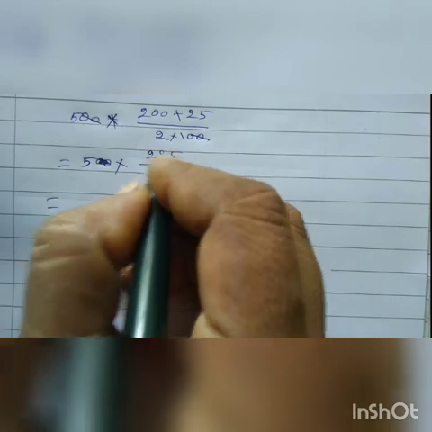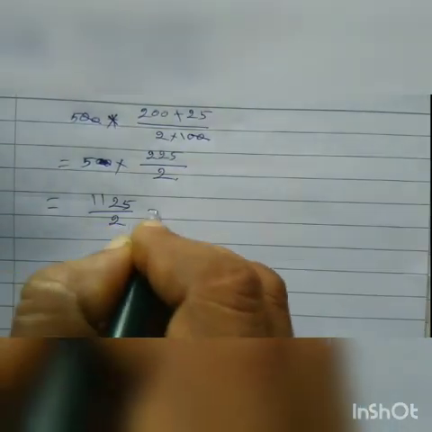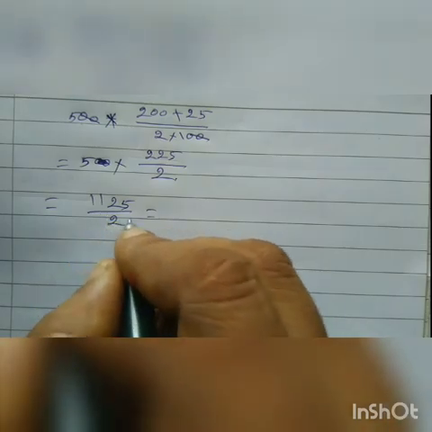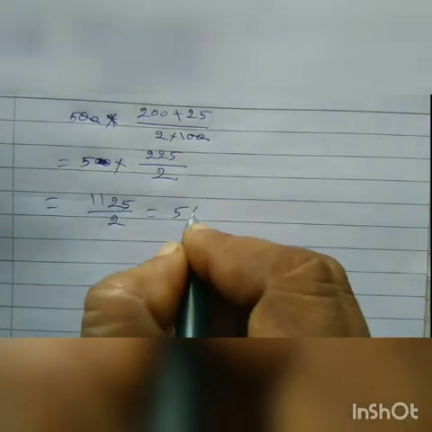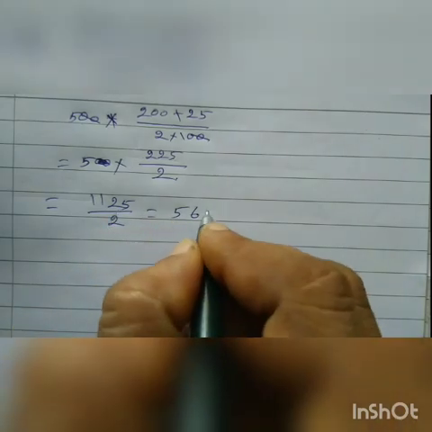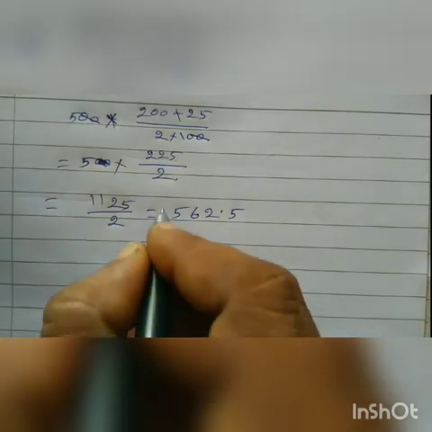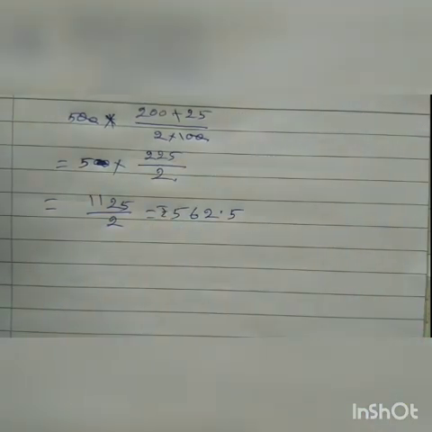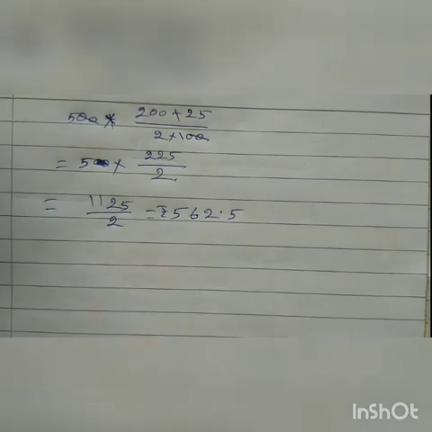Now you multiply and divide by 2. It will be how much? 2 fives are 10, 2 sixes are 12, 2 twos are 4. So 562.5. This will be the selling price at the gain of 12 whole 1 by 2 percentage.